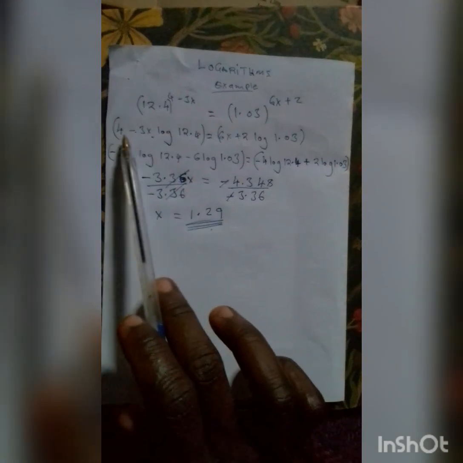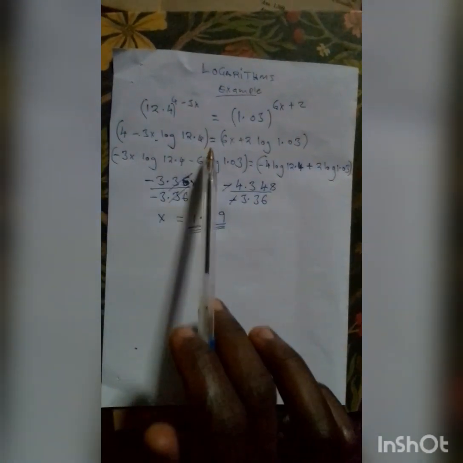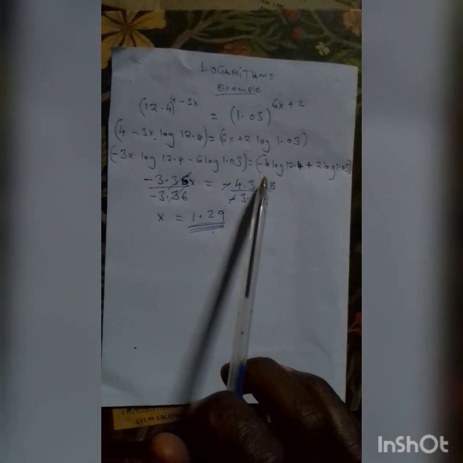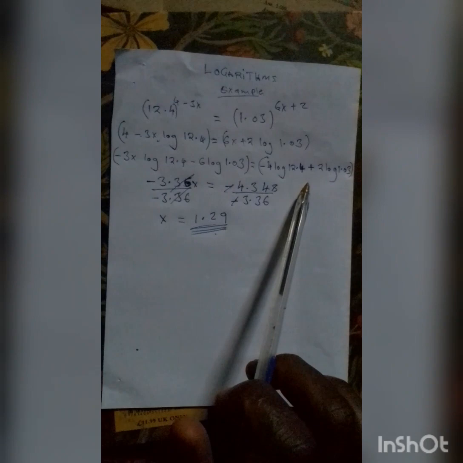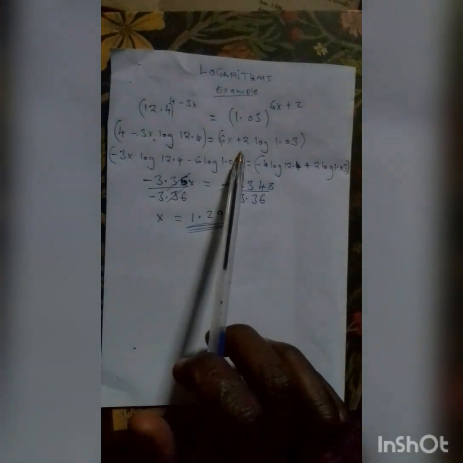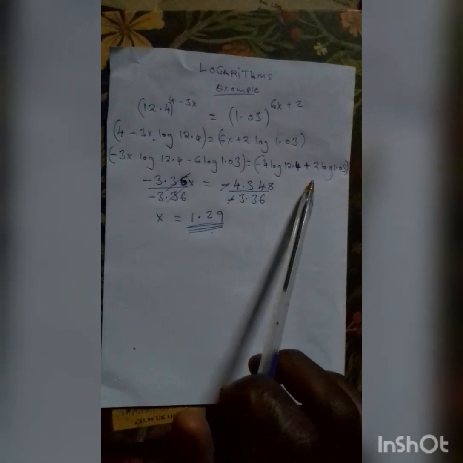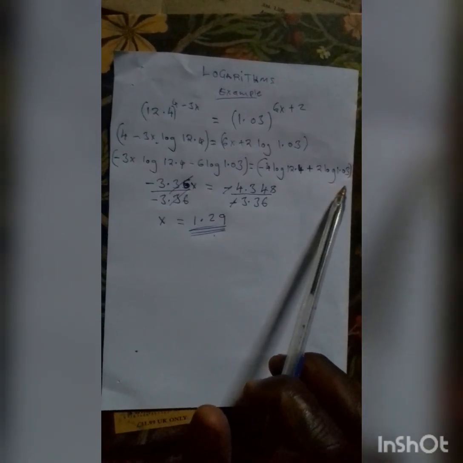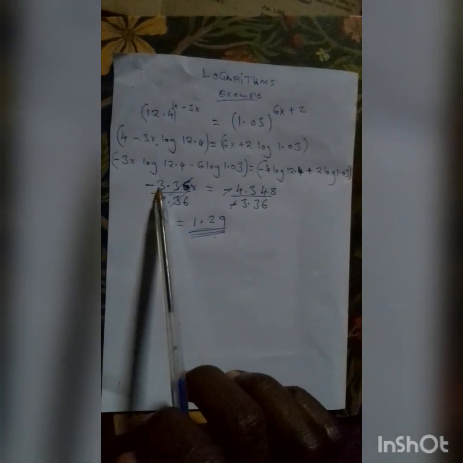So now just get this one first, then it crosses the equal sign, it is positive, it will change into negative. So it will be negative 4 log 12.4 plus these 2 which remain, 2 log 1.03. Then you take your calculator, you calculate, then you'll find the answer.